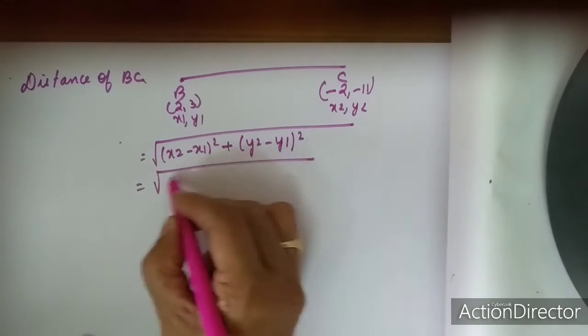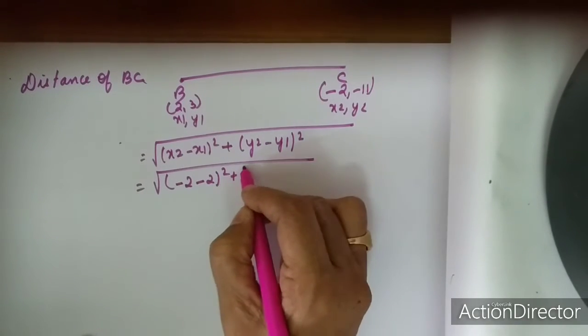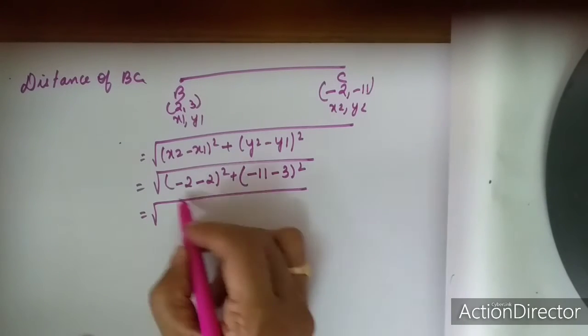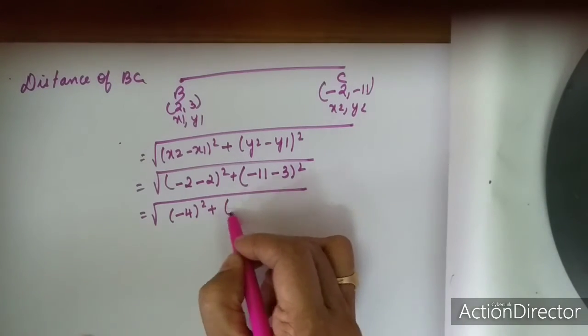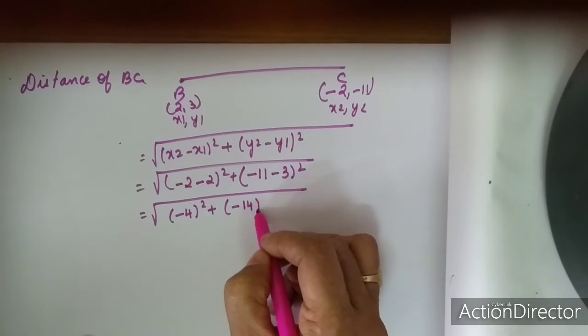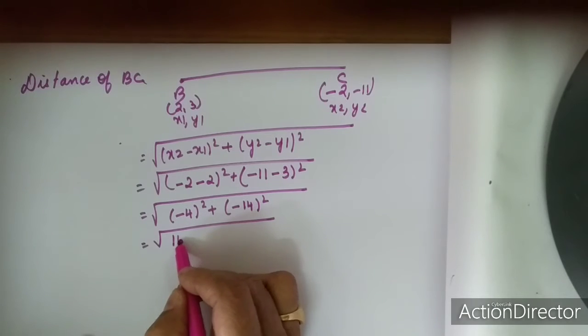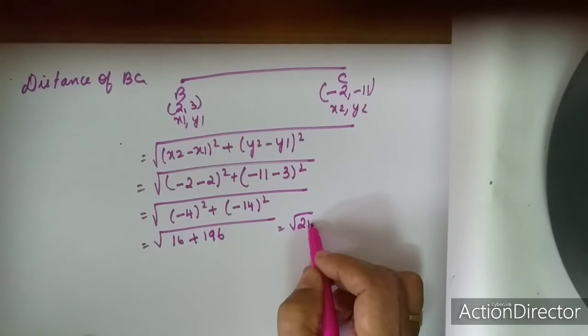Replacing the values, what is x2? Minus 2, whole square plus y2 is minus 11 minus 3 whole square. This is minus 2 minus 2 is minus 4. Minus 4 whole square plus minus 14 whole square. And this is equal to 16 plus 196, which is equal to root 212.